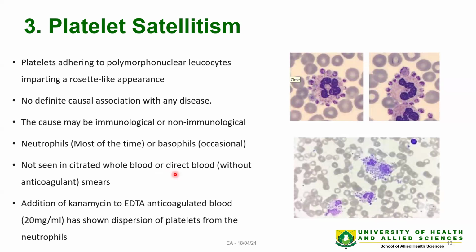Either the neutrophil may be releasing a substance that attracts platelets around it. It's not been clearly established what causes that. But it's also been established that when you add 20 milligrams per ml of kanamycin to EDTA anticoagulated blood showing platelet satellitism, it causes the dispersion of the platelets from the neutrophil.